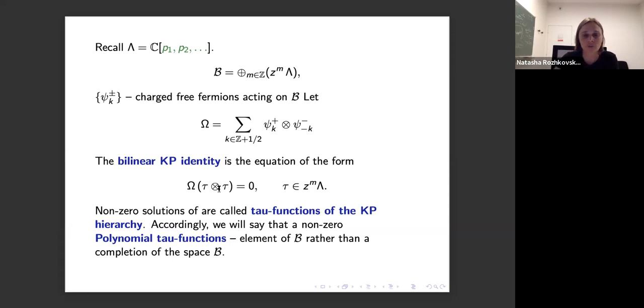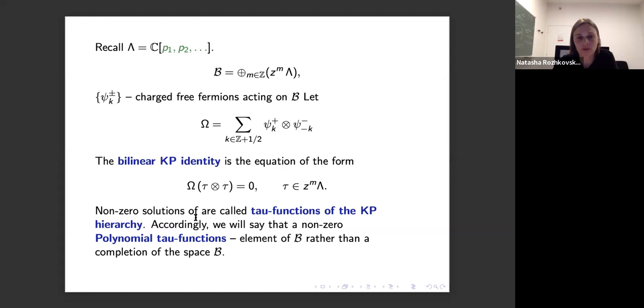If you can solve this one, you do some change of variables, you find a solution of the KP hierarchy, if you're lucky that it is not zero. Solutions of this one are called tau functions. And a polynomial tau function means that tau is an honest polynomial in the p's, not a series in those.